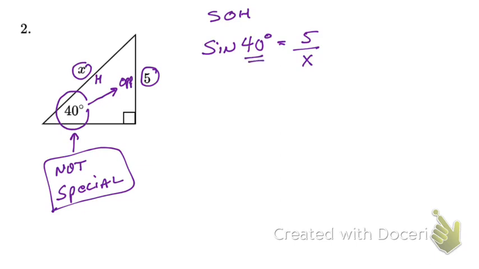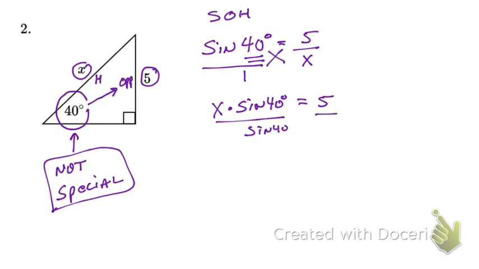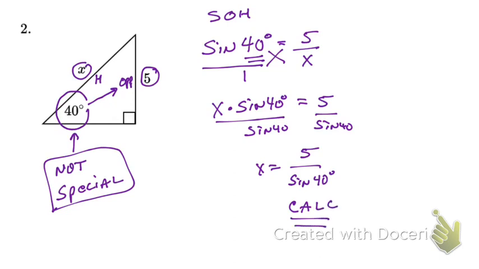Since this is not a special angle, we would just cross multiply. Get x times the sine of 40 equals 5. Divide by our sine of 40. And since it's 40 degrees, it's not 30, it's not 60, and it's not 45, then we would grab our calculator and type that in.